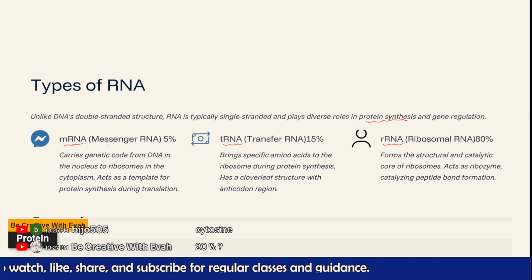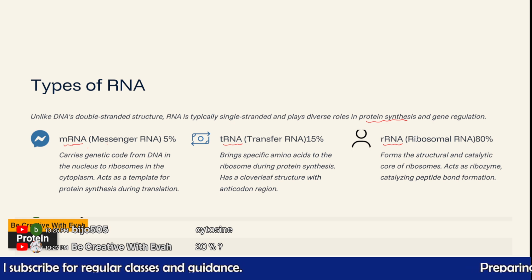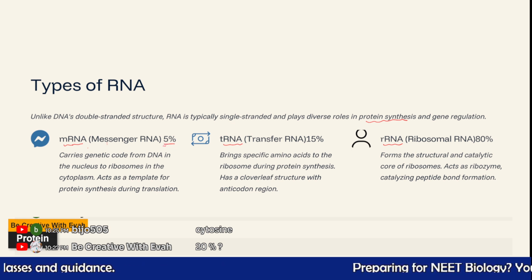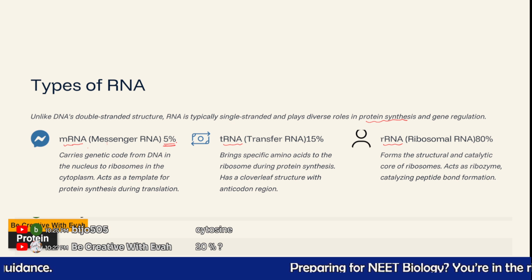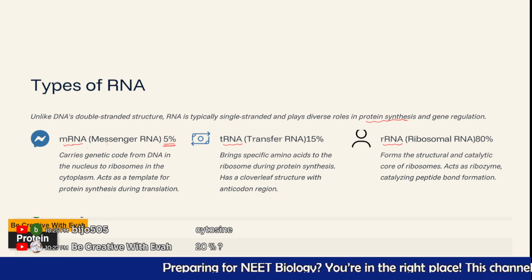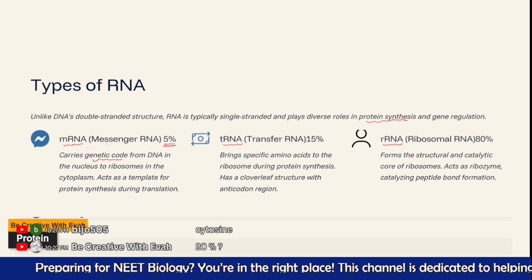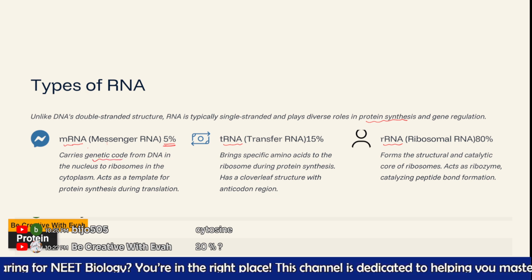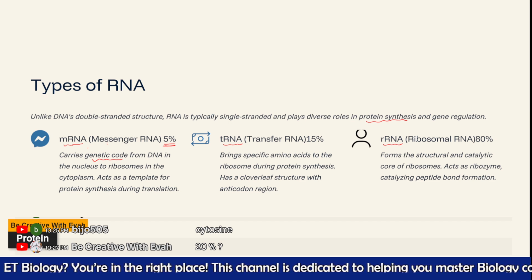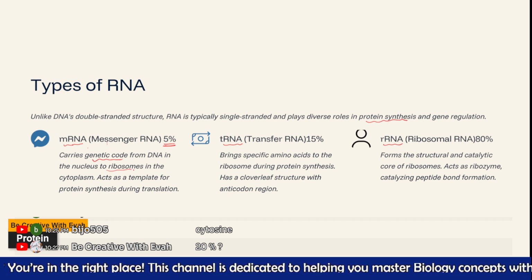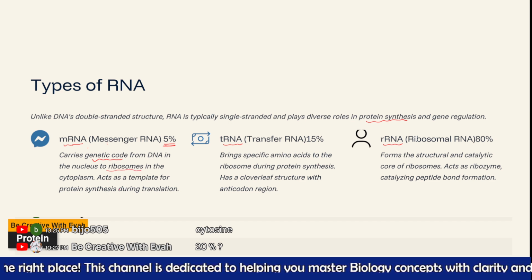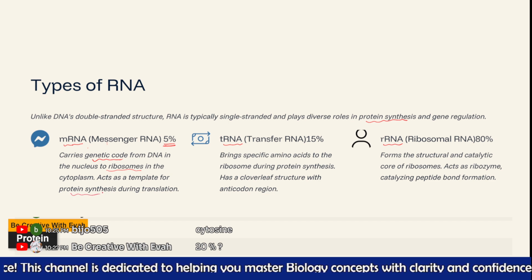Messenger RNA: out of the total cellular RNA, only 5 percent is messenger RNA. This messenger RNA carries a message in the form of the genetic code. The genetic code, or message from the DNA, will be given to the ribosomes for the purpose of protein synthesis.